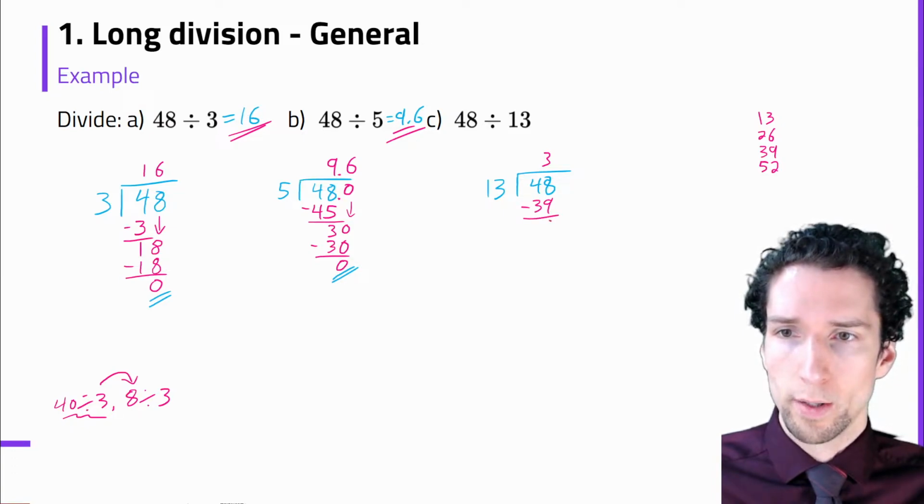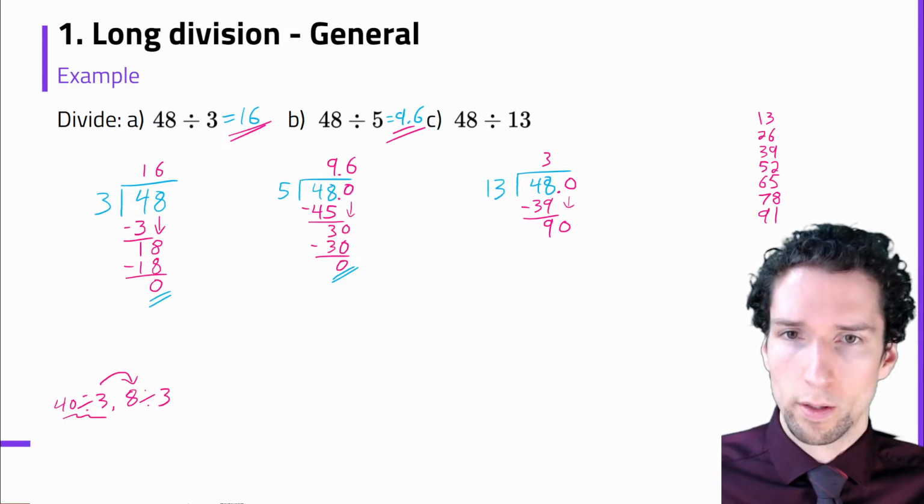39, subtract, get 9 down here, and not a 0, so we're going to get some decimals here. So I'll bring down this 0 here. 13 into 90. So 5 would be 65, 6 would be 78, 7 would be 91.